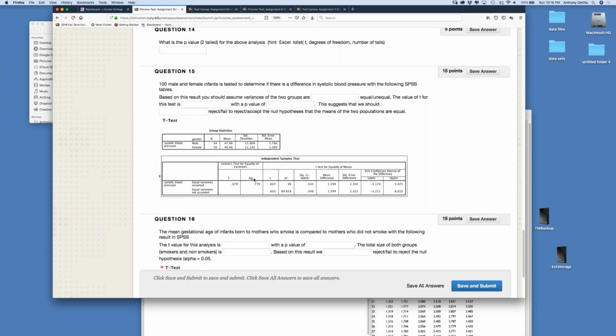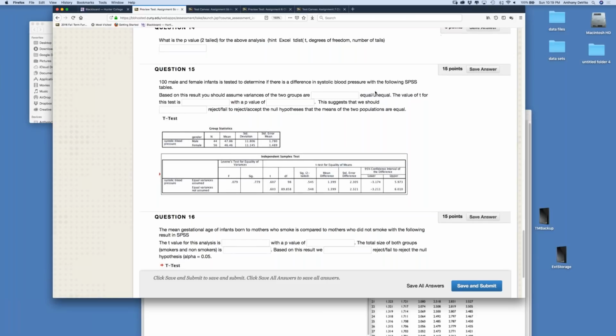So this tells us to stick with equal variances. This and this both agree to stick with equal variances and use the top row for our t-test.